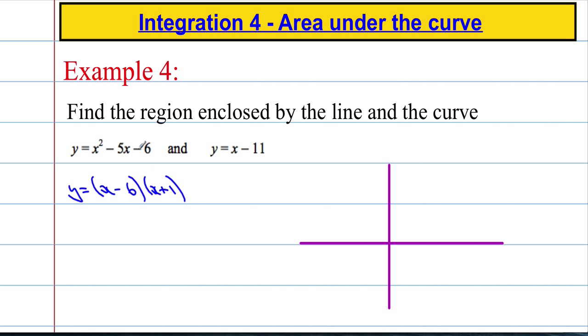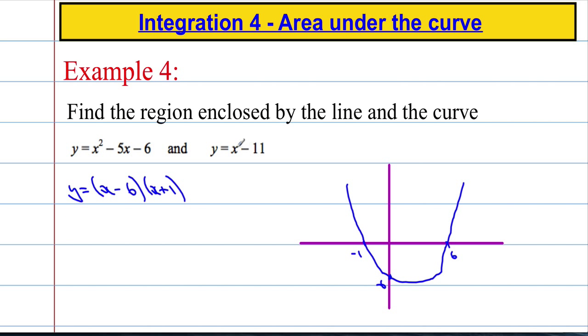Now if I expand that out, yeah, lovely, which means where it cuts the axis are going to be 6 and negative 1. It's a U-shaped graph, so it's going to come down, something like that.